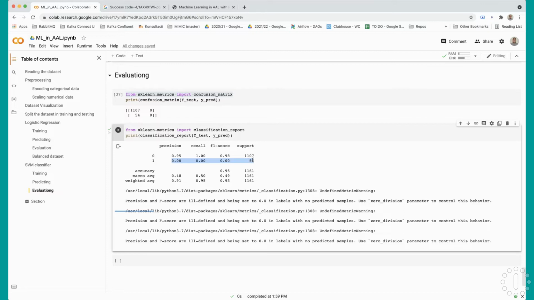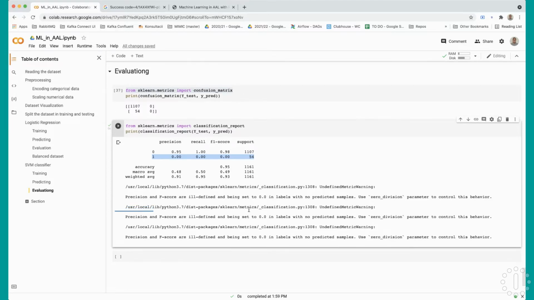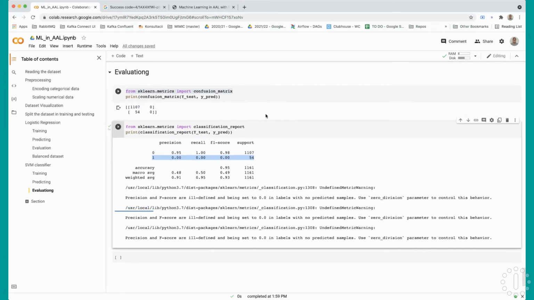Okay, it seems that none of the values was classified as anomaly, as we can see over here, which is quite bad. That means this algorithm is not giving the desired results, because the SVM algorithm is not able to separate the points with a hyperplane.